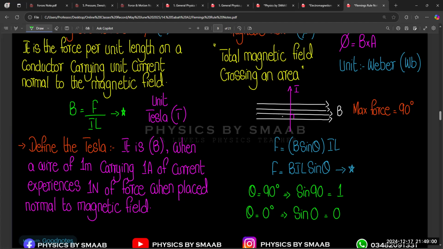Both give the same variation from 0 to 1, but in opposite values, because at 0 cos gives the maximum value but at 0 sine gives the minimum value. So there is a phase difference of 90 degrees. So this is the concept of the magnetic field lines with the direction of the current in the conductor: F is equal to BIL sine theta.